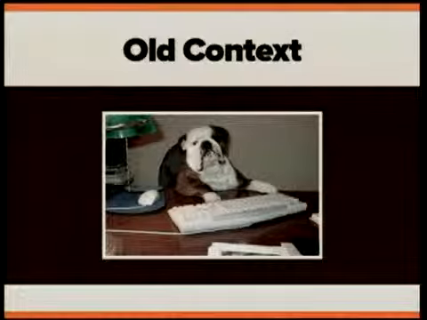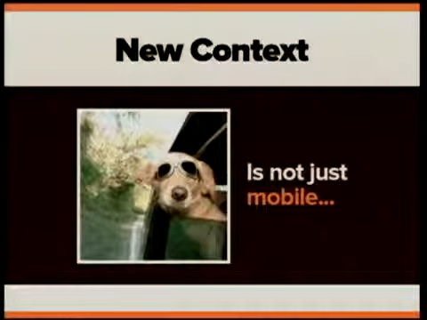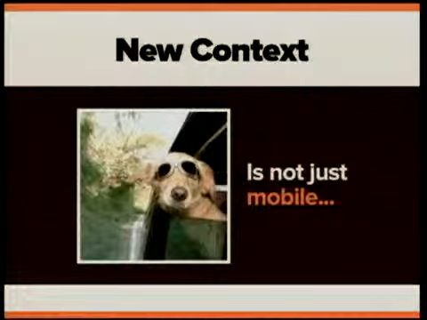And then we've actually got how people use it. So you're thinking about what environments people are in, how they are using it, and what they want to achieve when they're in that environment. So this is what we're used to with the old context. And then the new context, which is not just, people generally think mobile, it's moving around.